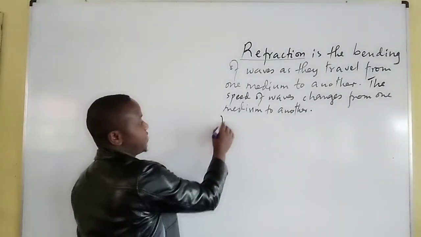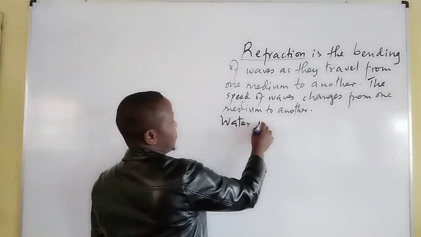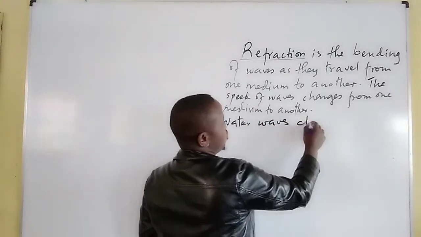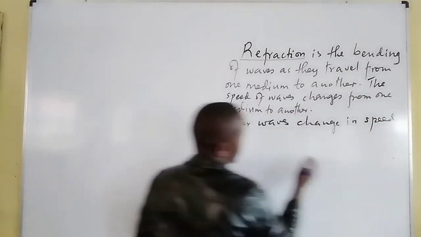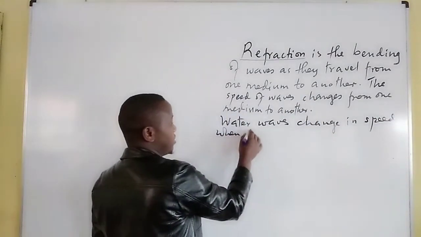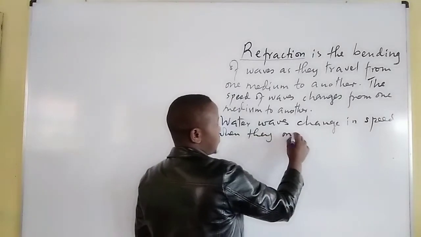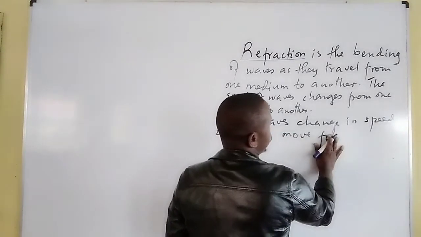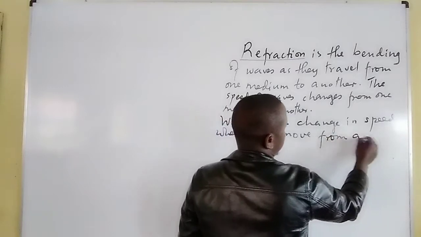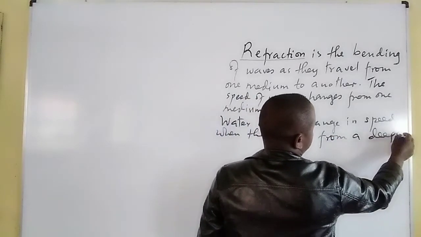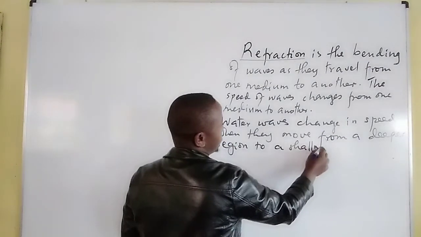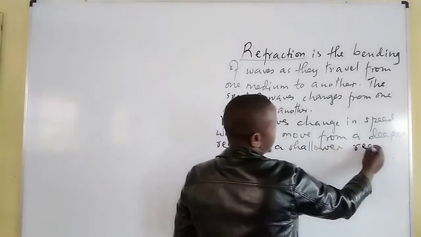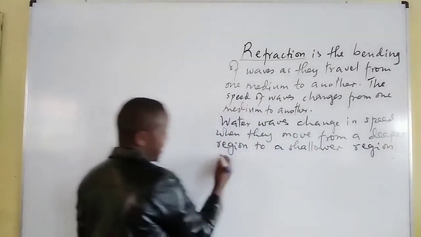So we can see that water waves change in speed when they move from a deeper region to a shallower region, and vice versa.